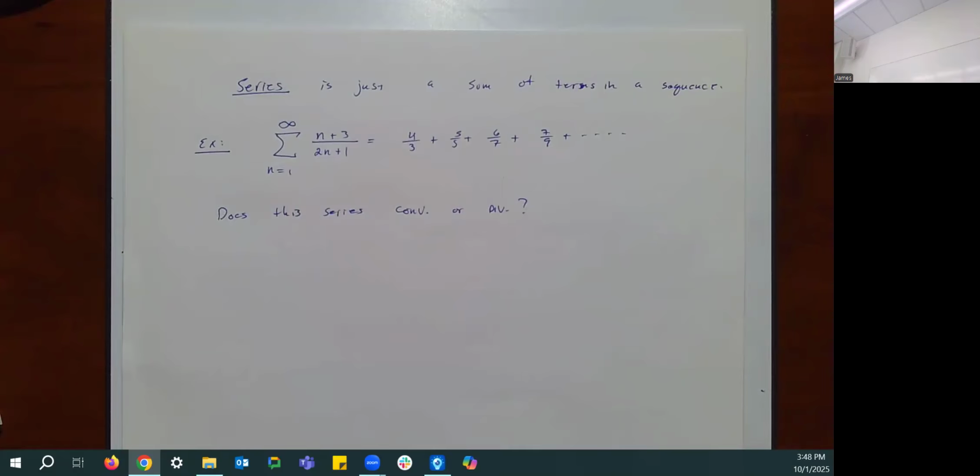In the same sort of way, when you're trying to see if a series is convergent or divergent, the first thing you should always check is what's called the nth term test, or the test for divergence. I want to point out this test will only ever show you that a series diverges, or it won't tell you anything.